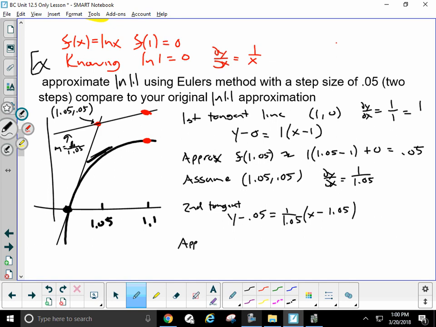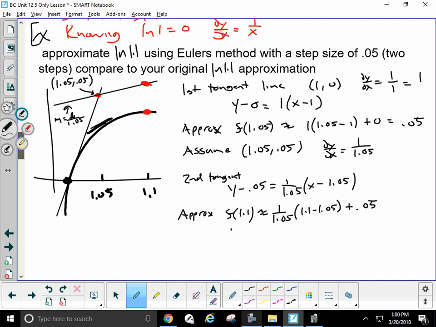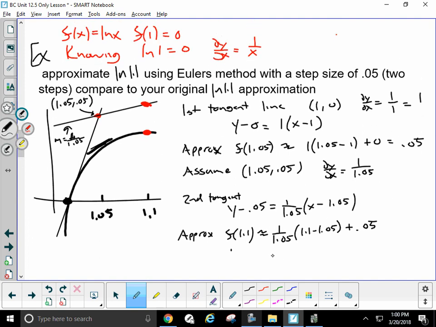Now I can approximate f of 1.1. I get approximately 1 over 1.05 times (1.1 minus 1.05) plus 0.05, or 1 over 1.05 times 0.05 plus 0.05.